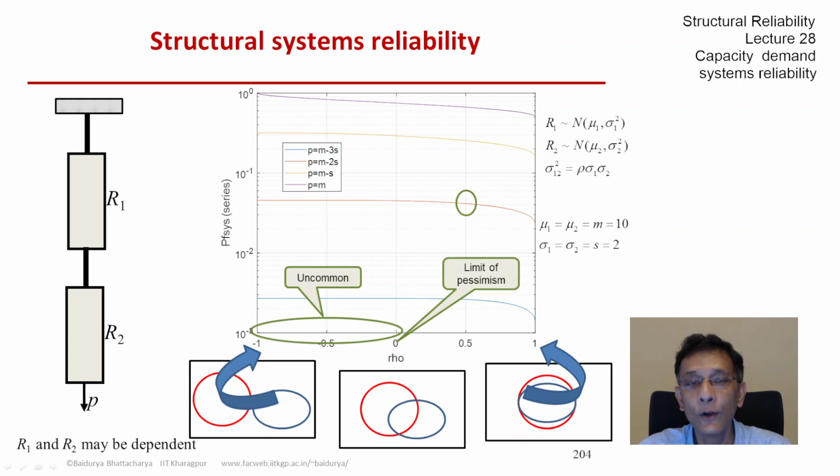We are going to now look at the next question that we had: what if p is random? And so that's what I want us to remember, that the PF_sys is about 0.04, and we'll see how that changes for rho equals 0.5, how that changes when we include randomness in the load.